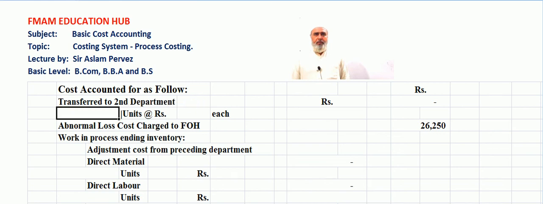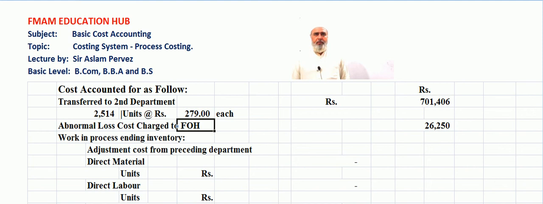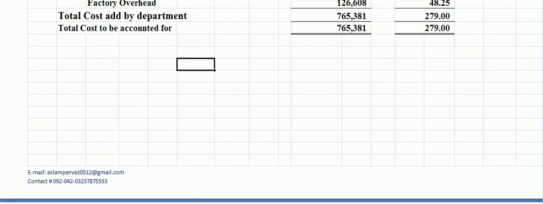Students, 2,514 units are completed and transferred to the second department. The per unit cost is this.